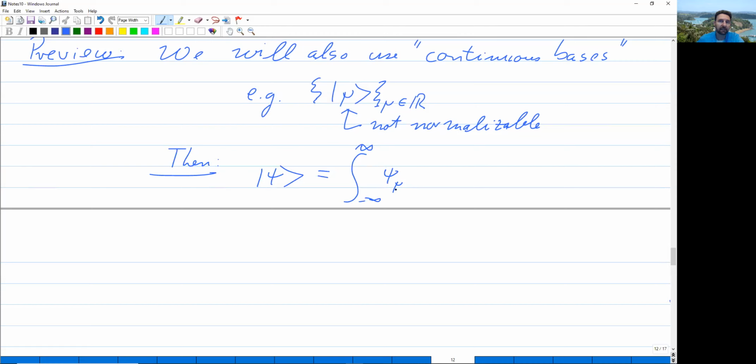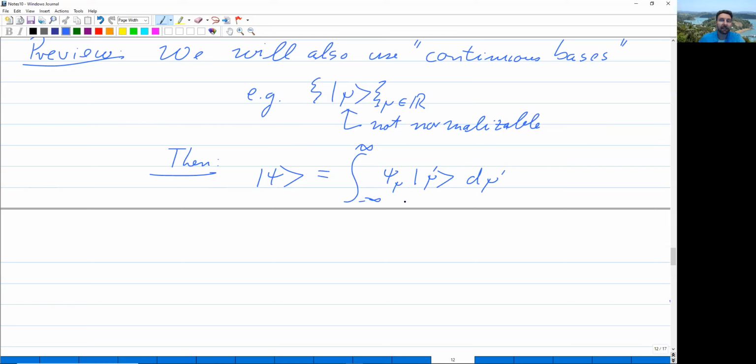Now that label is no longer discrete, but psi mu is a continuous label. And instead of summing, we're integrating now, so we have a d mu prime. As I said, we have not yet defined what we mean by integrating over vectors. We know how to sum over them, but not how to integrate over them. So this is still pretty formal stuff.